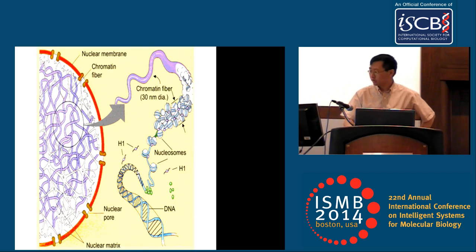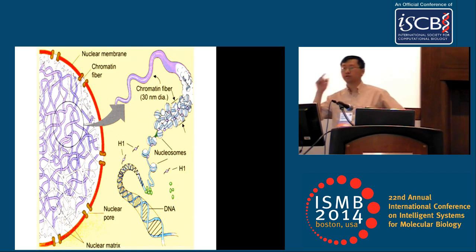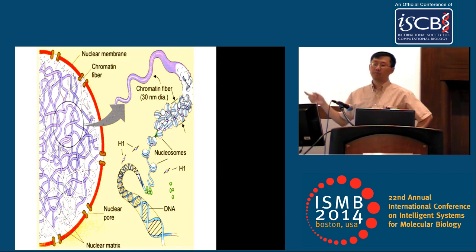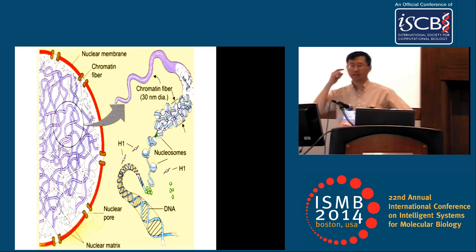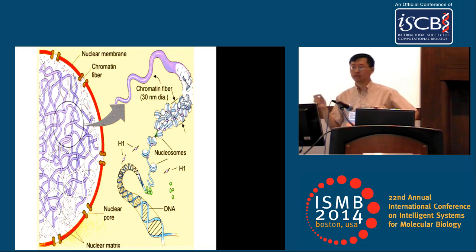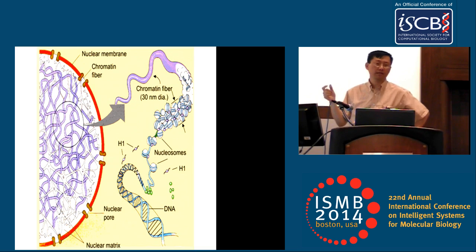To this audience, there's no need to introduce the role of chromatin in gene regulation, but I just want to emphasize that looking at the static pattern of chromatin states alone would not be very informative when you think about gene regulation, just like what Shirley said in her previous talk.